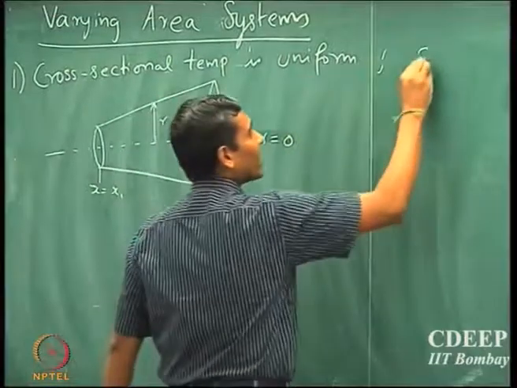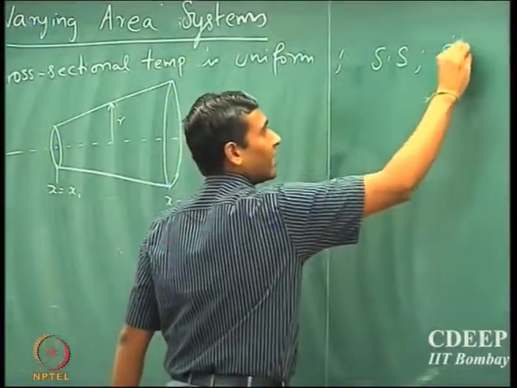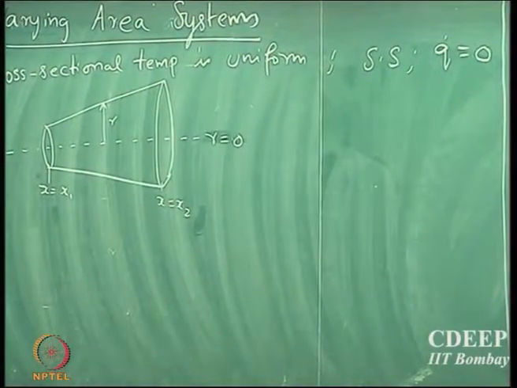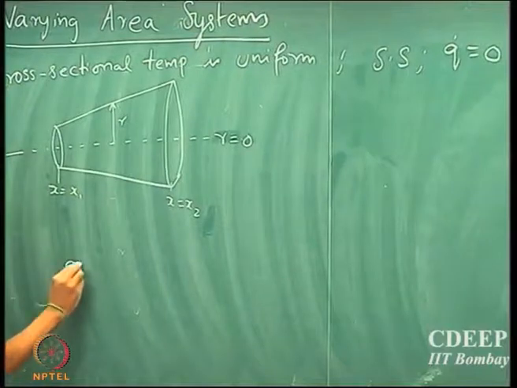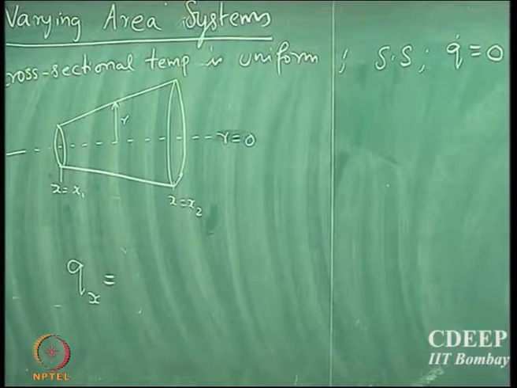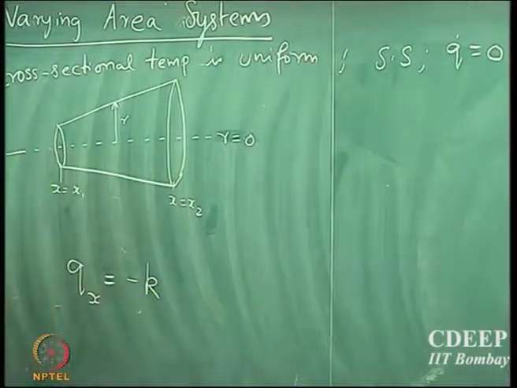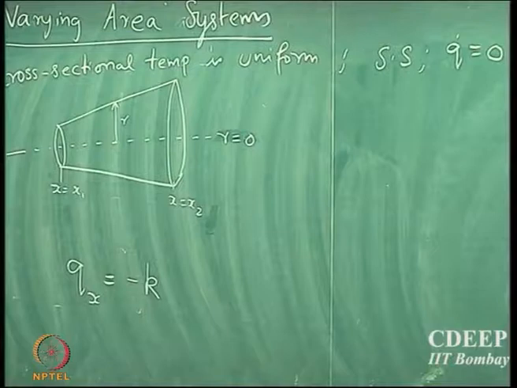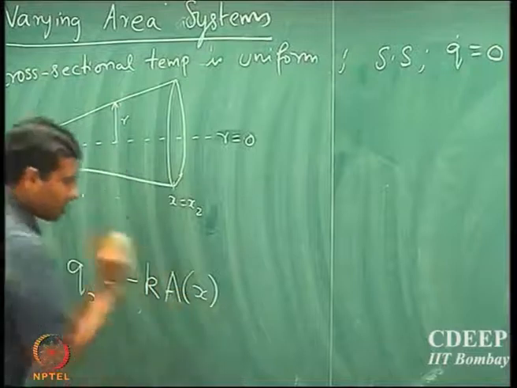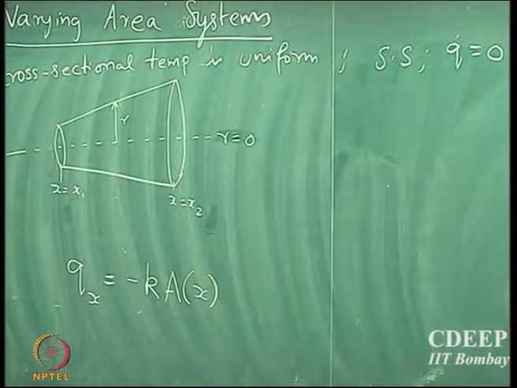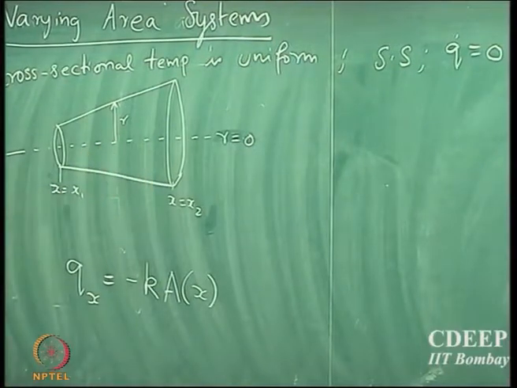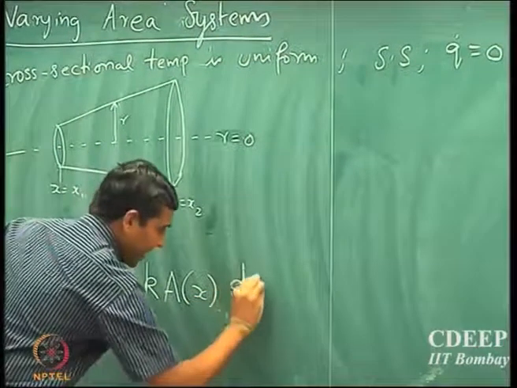If I continue to assume that it is a steady state system and heat generation is 0, same assumptions as before, I could simply write the heat transfer rate Qx is given by minus K, the conductivity of that material, multiplied by the cross sectional area of heat transport. Note that now the cross sectional area is a function of the position, multiplied by dT by dx.